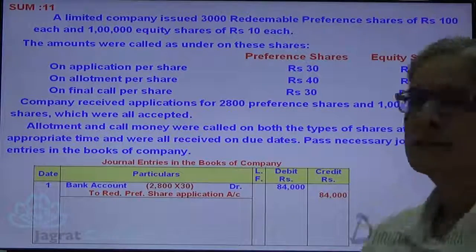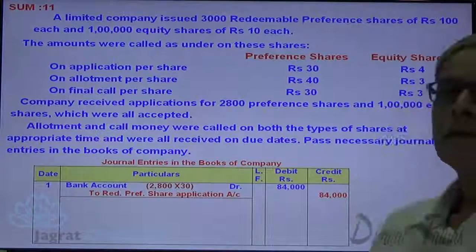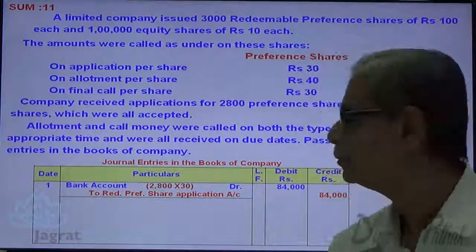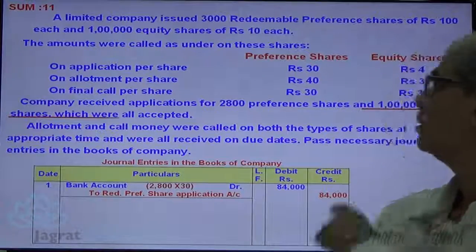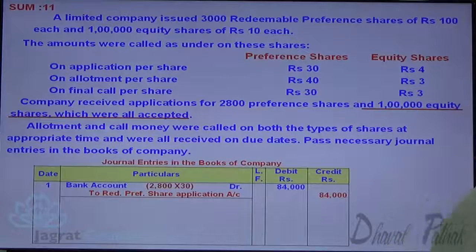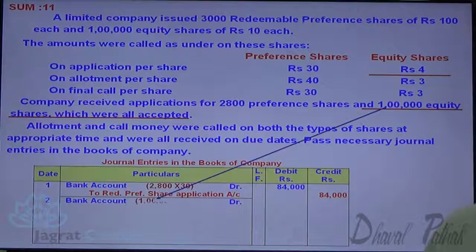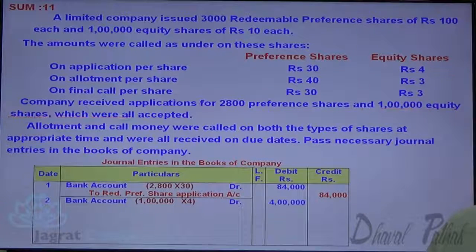On 1 lakh shares at the rate of rupees 4 per share. So 1 lakh into 4, 4 lakhs. Bank account debit to equity share application account credit 4 lakhs.